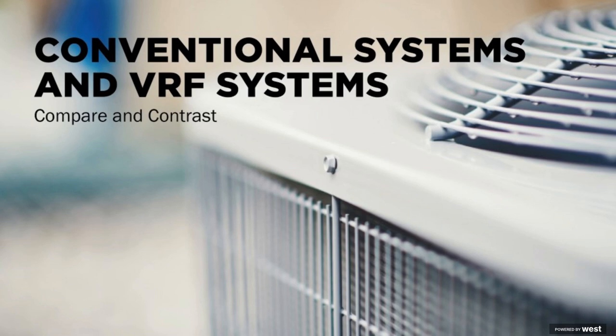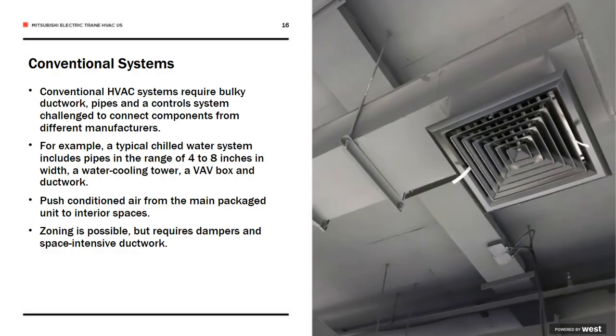Let's take a moment and do a little bit of comparing and contrasting of conventional systems and VRF systems. So the conventional system is typically made up of multiple components by multiple manufacturers. So, for example, you might have a chiller by a manufacturer, a cooling tower by another manufacturer, a boiler by another manufacturer, pumps, air handlers, VAV boxes, and such. You also have a network of piping and ductwork throughout the entire building.